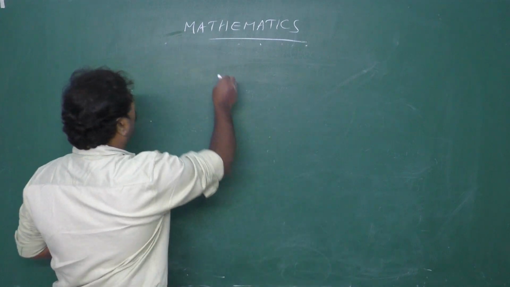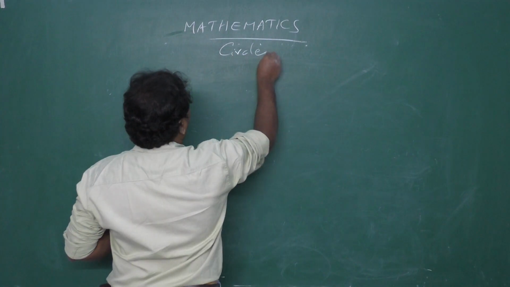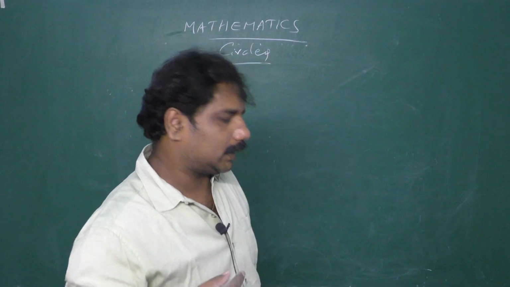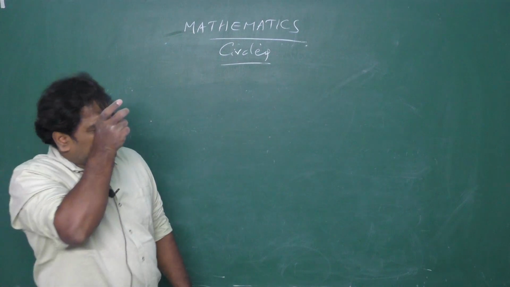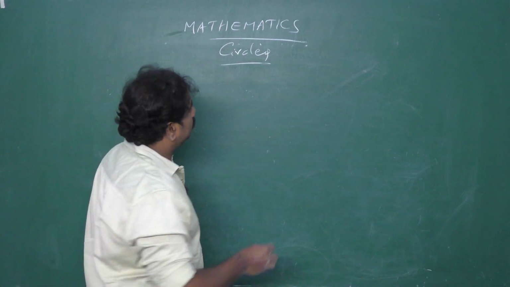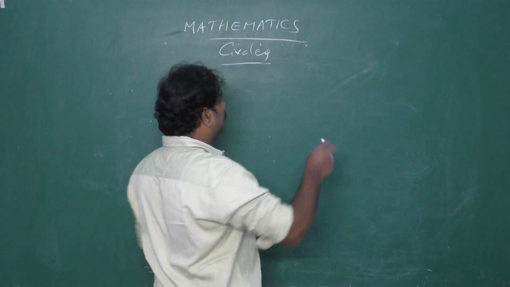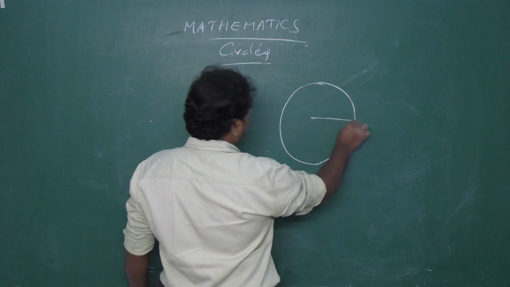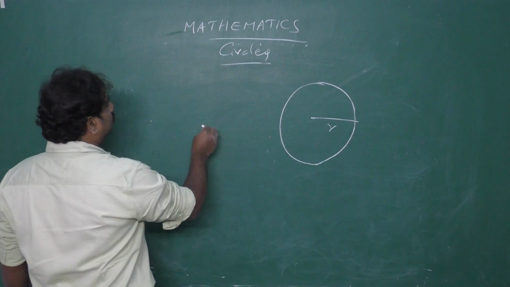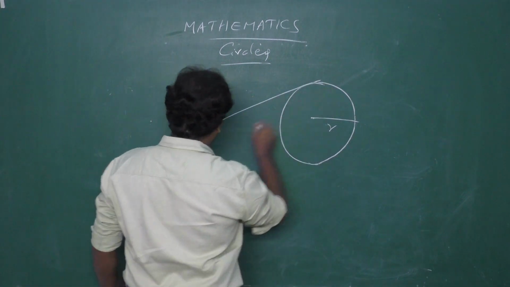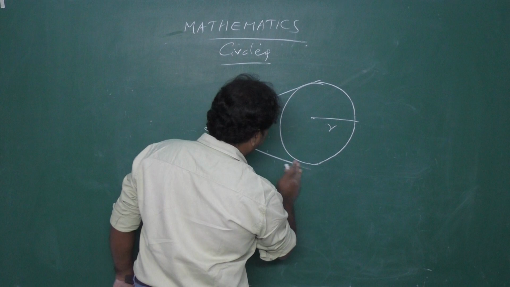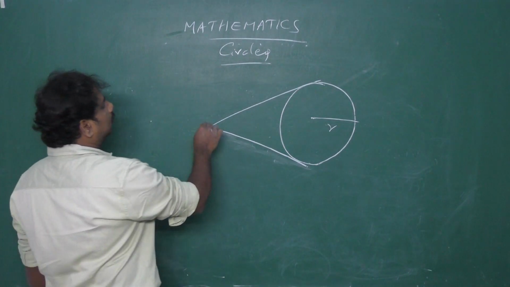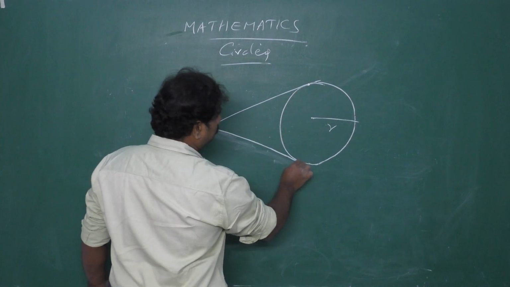So the topic is circles, and I am going to tell you a simple theorem. Listen carefully. Before going to state the theorem, see, if there is a circle with some radius r, and if you draw two tangents from one external point, it touches at 2 points.